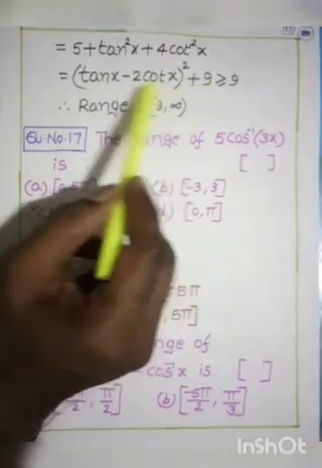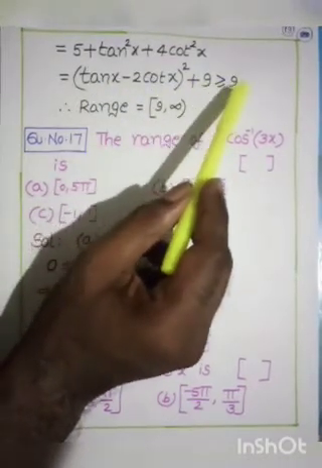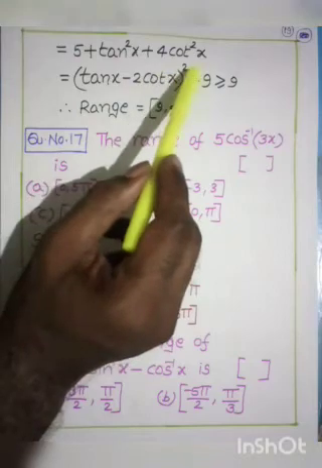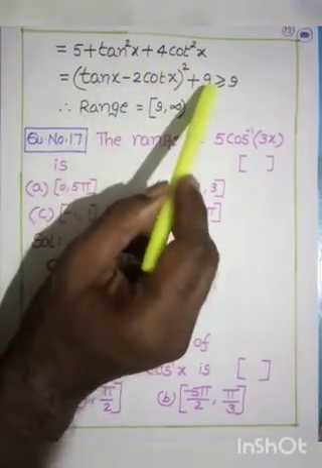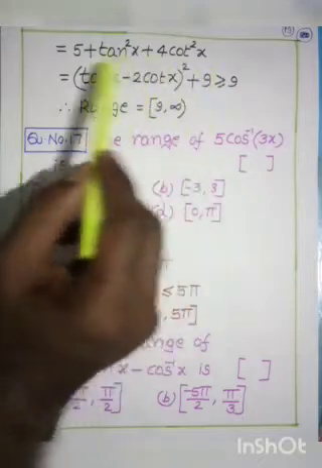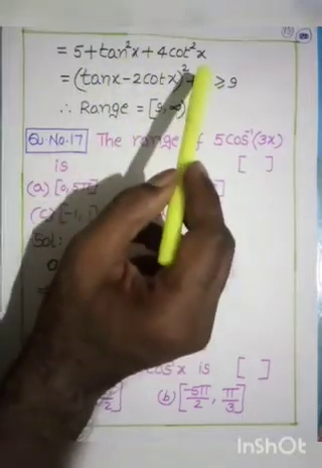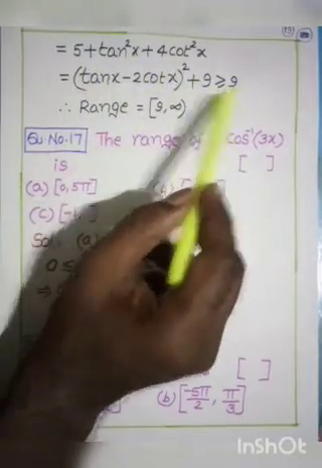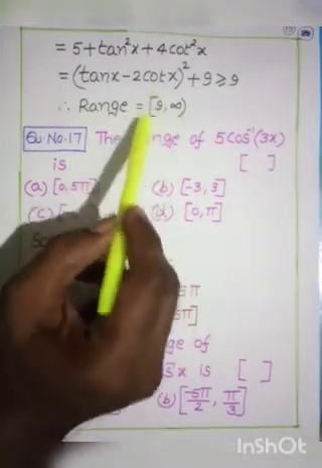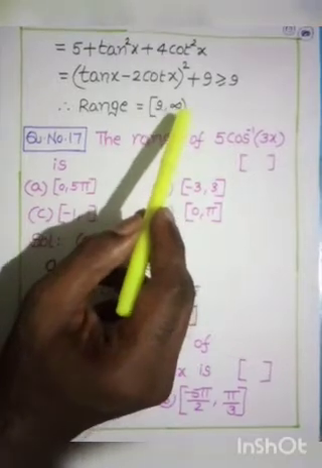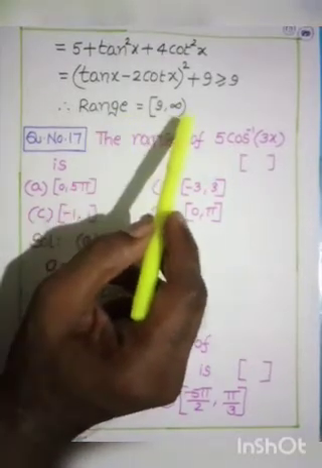Now, the value of this expression is greater than or equal to 9 because whole square means it is a positive number and plus 9. So, the entire expression value is greater than or equal to 9. Therefore, range of the given function is close interval 9 comma infinity. Understood the question, my dear children?